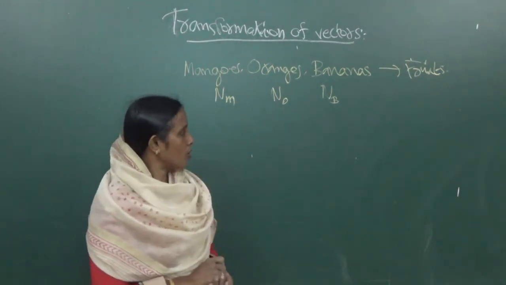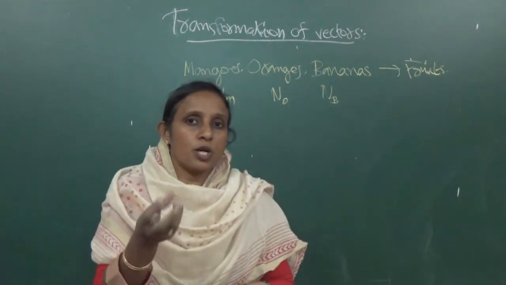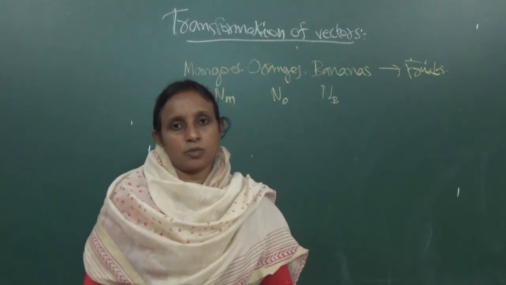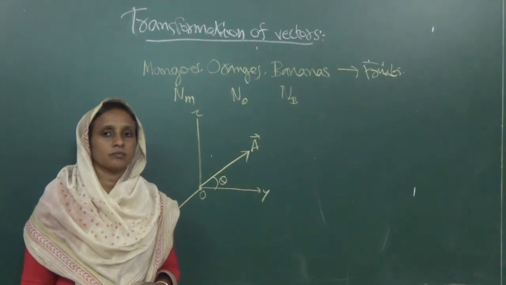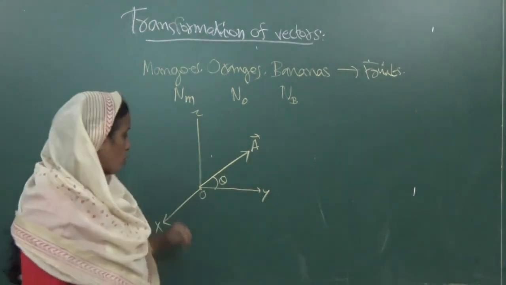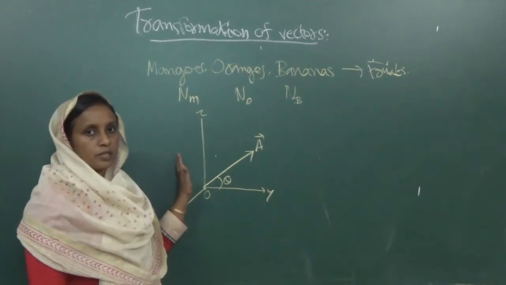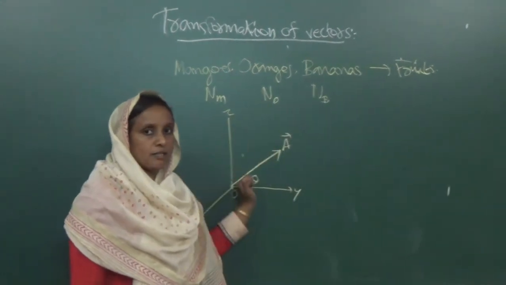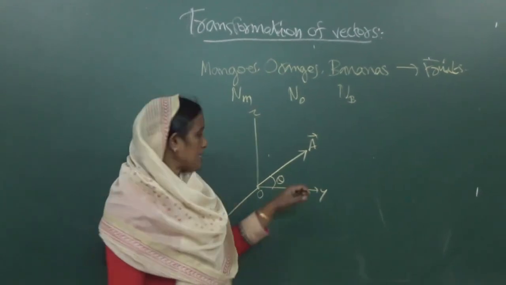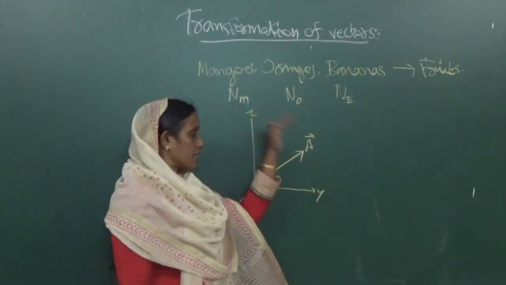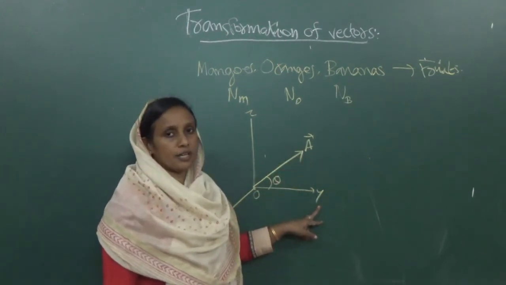So we can transform a vector in a specific coordinate system to another coordinate system to check how it behaves. Consider a right-handed Cartesian coordinate system x, y, z. Here the board is the yz plane and the x-axis points outward from the board. Consider a vector A in the yz plane. This vector A makes an angle theta with the y-axis.